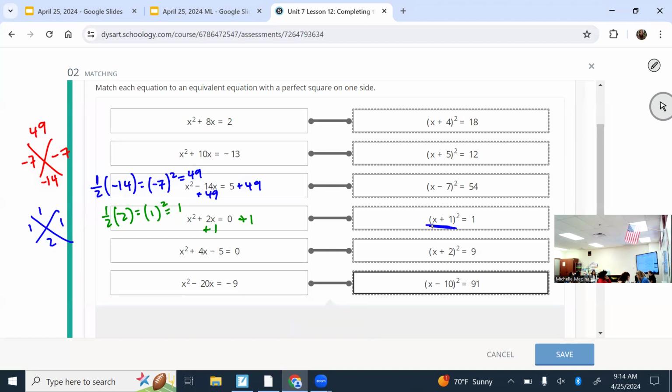But it makes sense because when it's already rewritten to the form that we need it to be, take half of -20, square it, add it to both sides. So we would have added 100 to both sides. That's where we get the 91 on the right side.